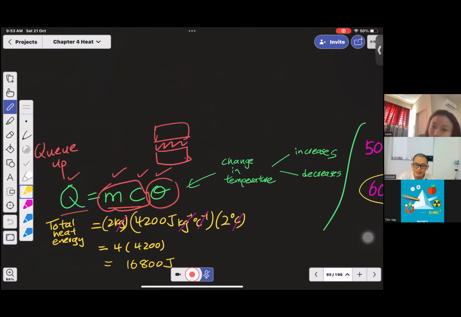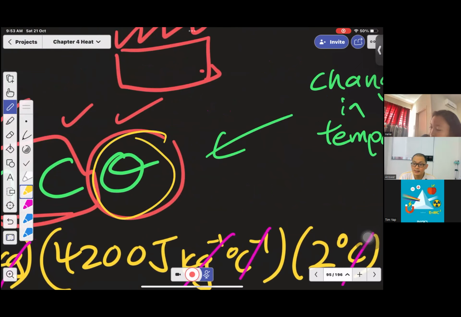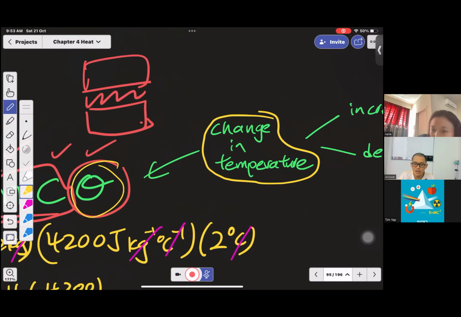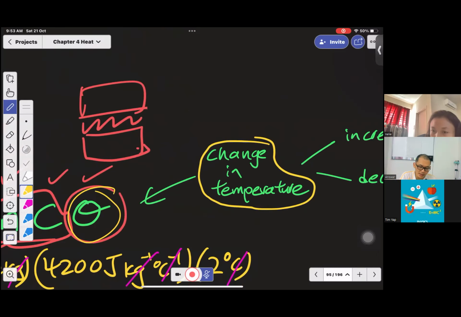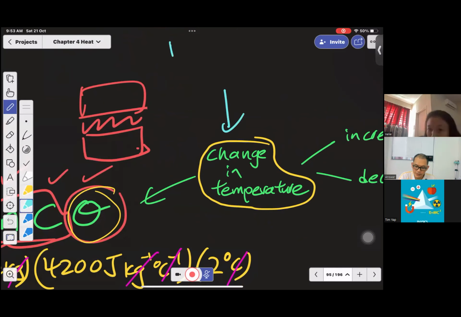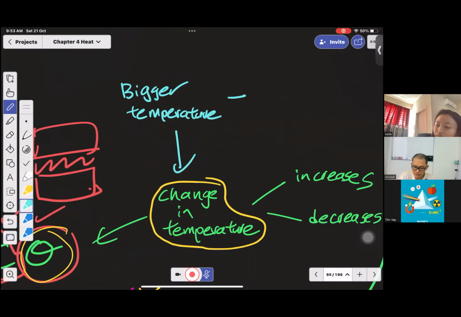So this theta stands for change. It doesn't stand for temperature in a specific condition. It doesn't refer to what is the temperature. It refers to change. So for the change in temperature, the theta, we always use the bigger temperature minus the smaller temperature. This is called change in temperature.